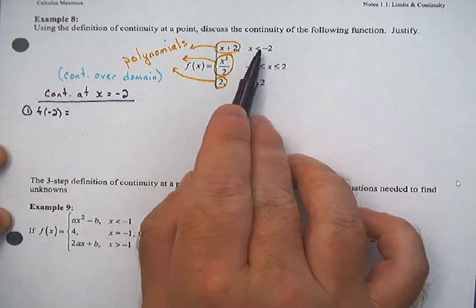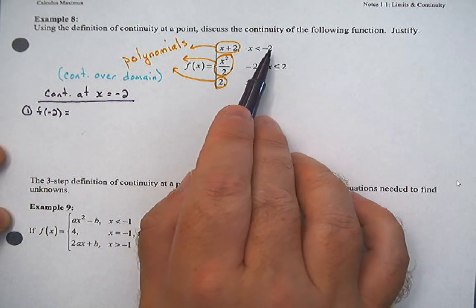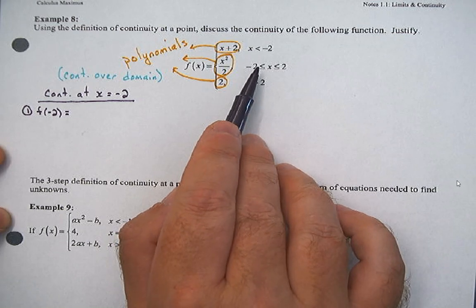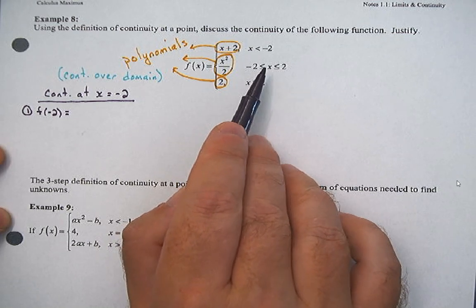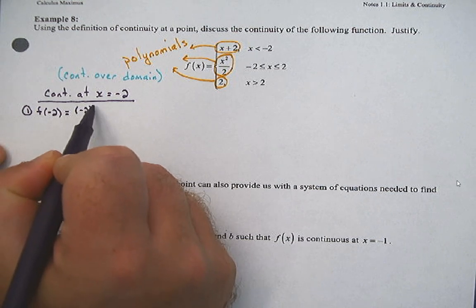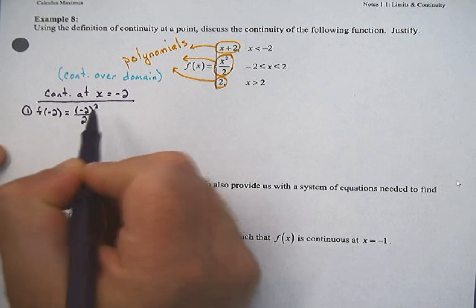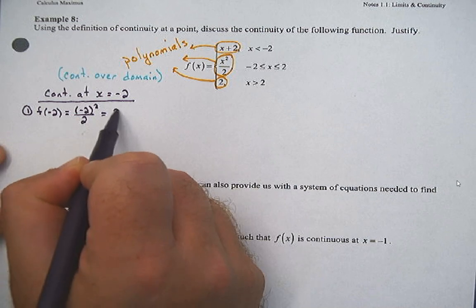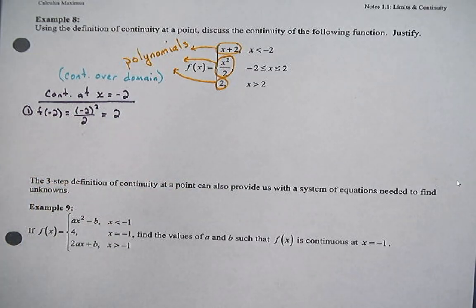I would not use this one because that's for all the x's that are less than -2. I would use this one because this is -2 less than or equal to. So I'm going to plug -2 into this. That would be -2 squared over 2. That's 4 over 2, which is 2. So what have we just shown? We've just shown that there's a point, that the bridge exists.